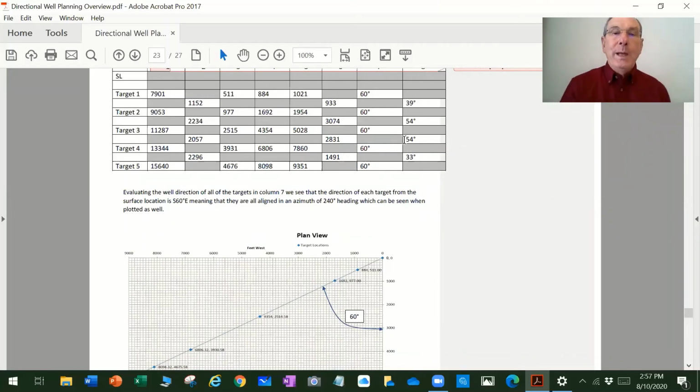And it happens to be 39 degrees between target number 1 and target number 2. And it's 33 degrees between target number 4 and target number 5. So there's some basic information that just shouts to us when we look at this. This information shouts to me that when we get to target number 2, we want to have an inclination of 54 degrees at target number 2.